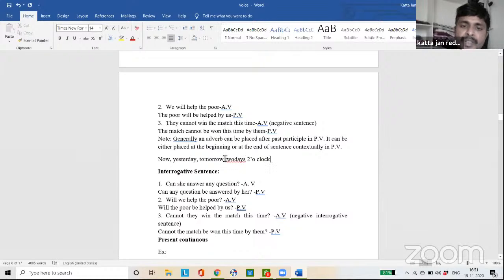It can be used after V3, I am telling. And I'm also telling you, it can also be used after the object. See, let me tell you. By them this time is also right.